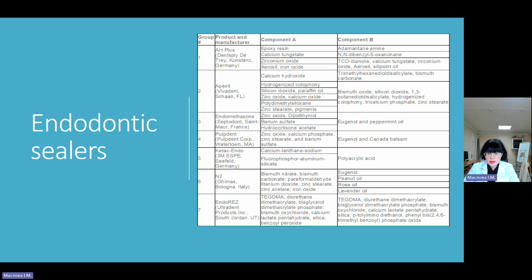And component B, for example, is adamantane amine, TCD diamine, calcium tungstate, zirconium oxide, aerosil, and other components. I think that you can see these components and contents of different types of sealers on your screen.